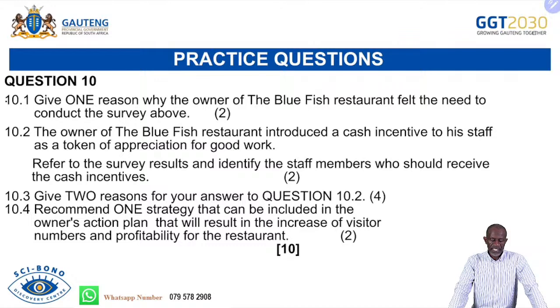Refer to the survey results and identify the staff members who should receive the cash incentive. Give 2 reasons for your answer. In question 10.4, recommend one strategy that can be included in the owner's action plan that will result in an increase in visitor numbers and profitability for the restaurant.